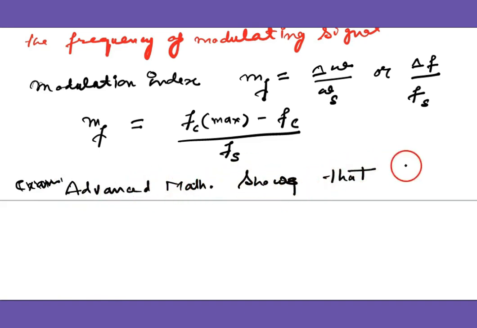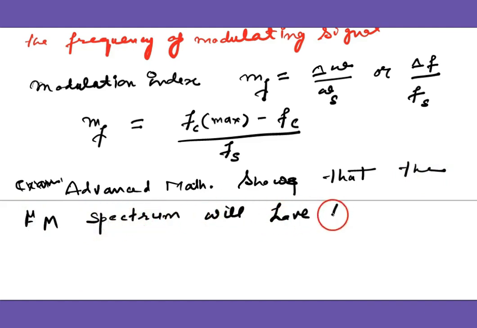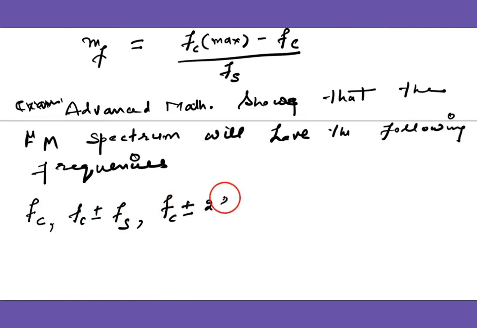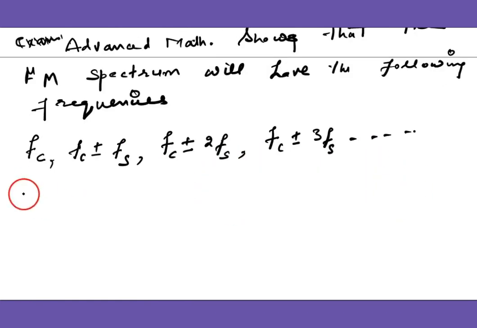Now advanced mathematics shows that the FM spectrum will have many frequencies. Many frequencies means Fc, and then Fc plus minus Fs, Fc plus minus 2Fs, and so on.